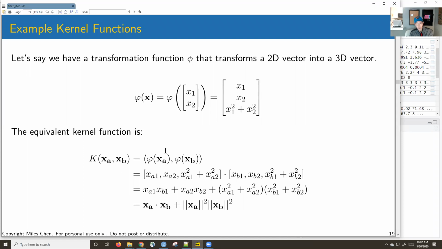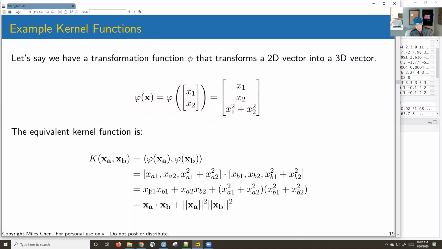So if I transform xa and xb using the phi function, the transform of xa becomes xa1, xa2, and xa1 squared plus xa2 squared. And we dot that with xb1, xb2, and xb1 squared plus xb2 squared. If I take the dot product of these, I get xa1 xb1 plus xa2 xb2 plus xa1 squared plus xa2 squared times xb1 squared plus xb2 squared.